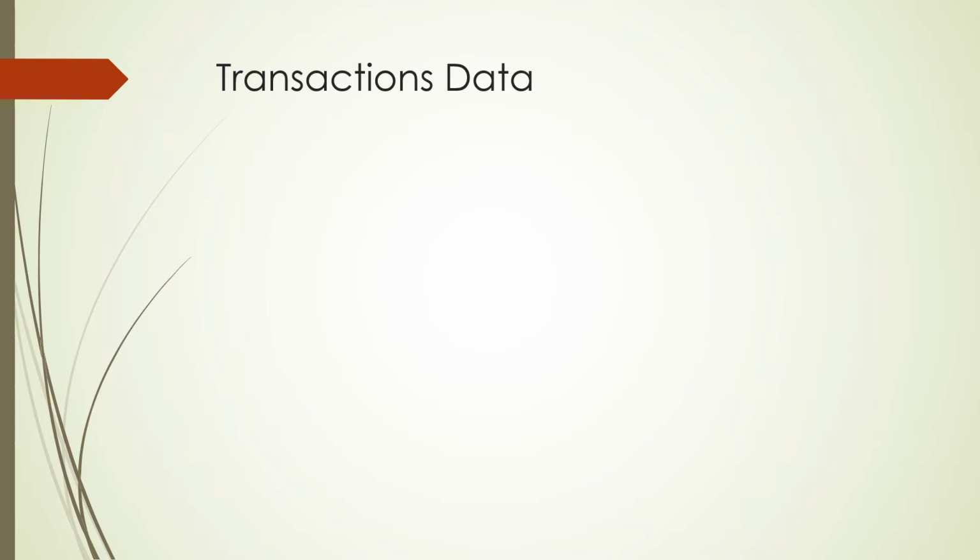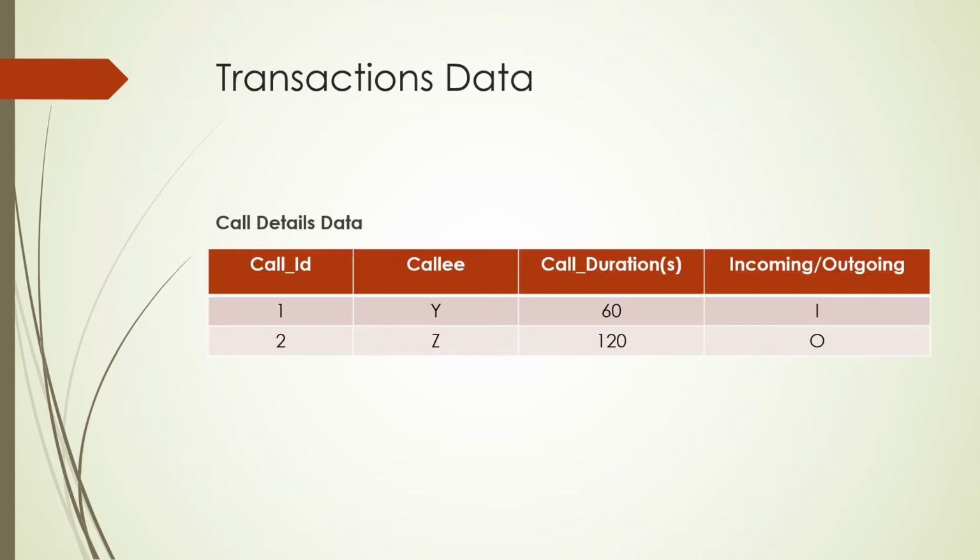One thing that I would like to discuss here is that the transaction may or may not occur. In this example, the customer has made a call. You have a call ID, the call date, the call duration, and the incoming and outgoing types of data.